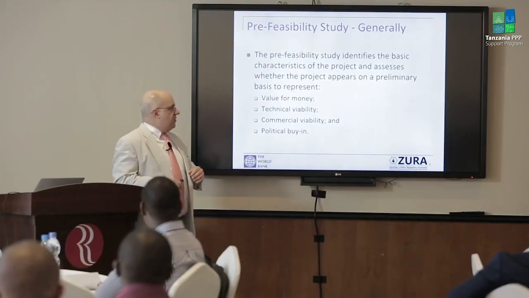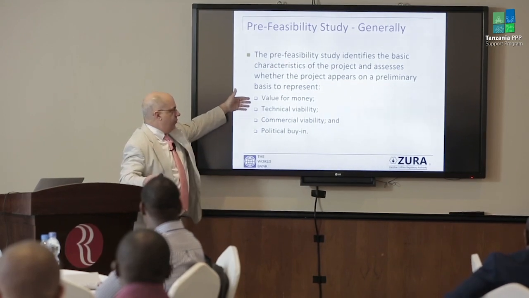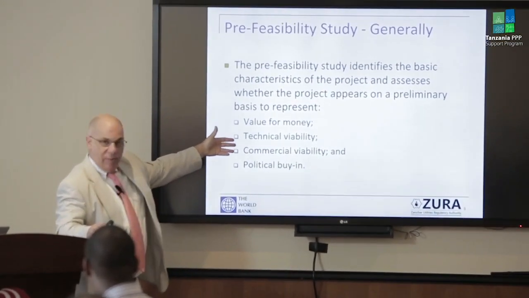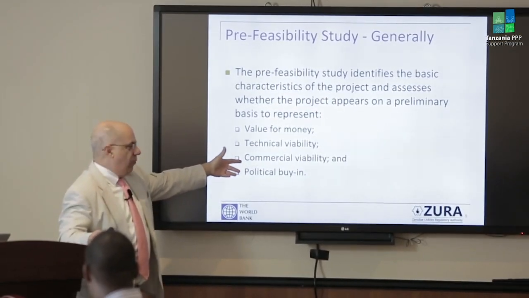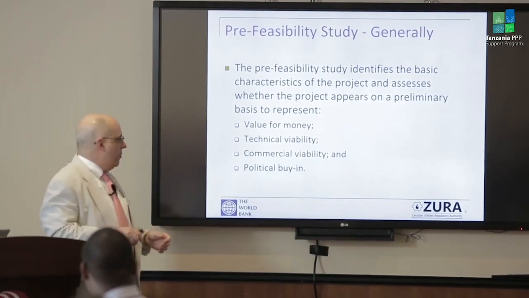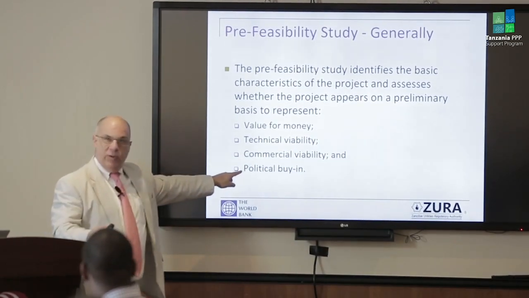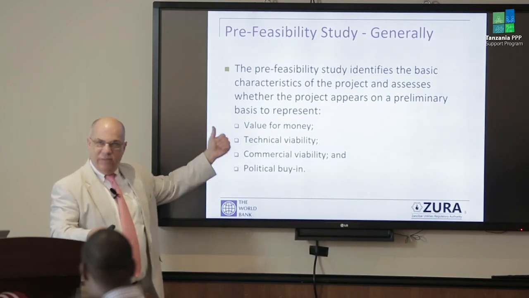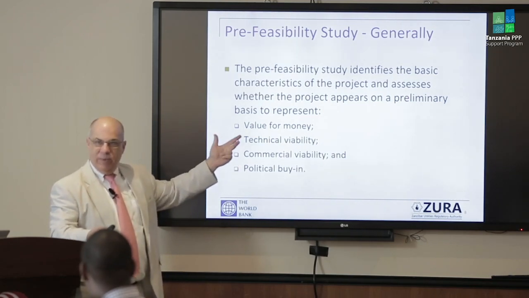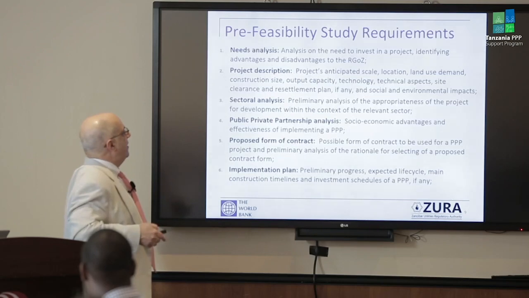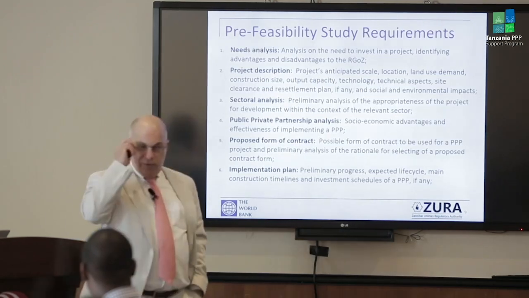So in the presentation, we said, there's things we want to know. Are we going to get value for money? Is it viable from a technical standpoint? Commercially viable, meaning financially viable. And is it acceptable? This is our affordability, bankability, acceptability, manageability. So under the law in Zanzibar, it's quite specific in terms of what a pre-feasibility study requires.